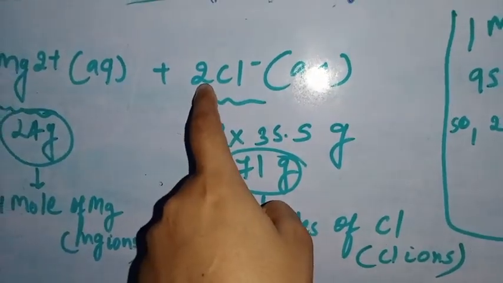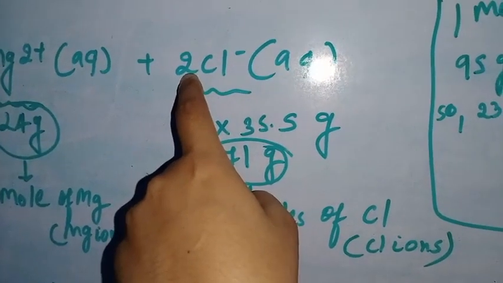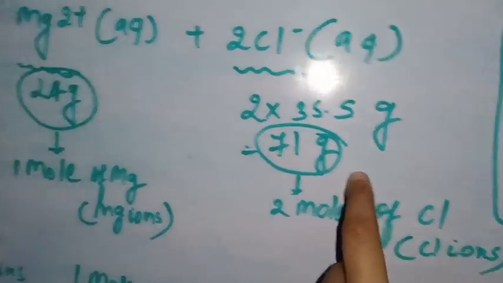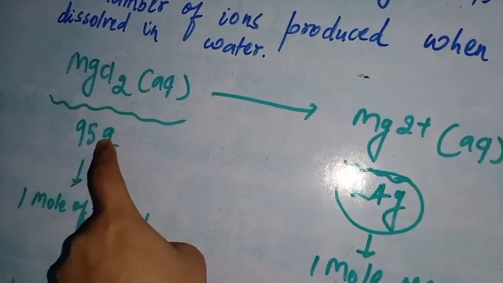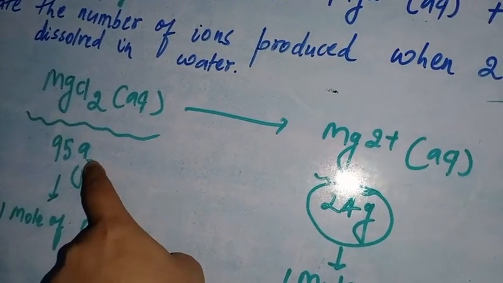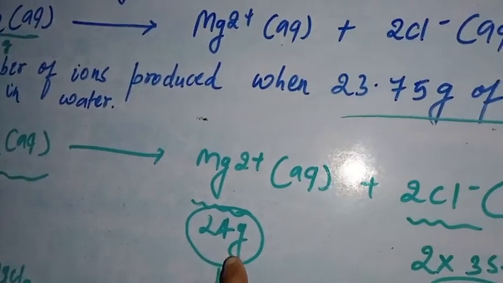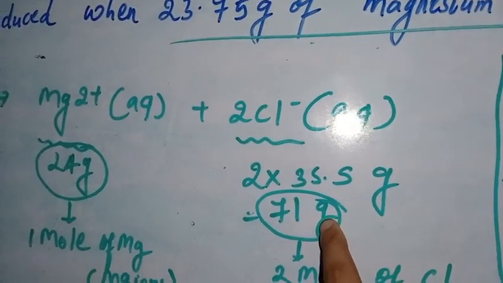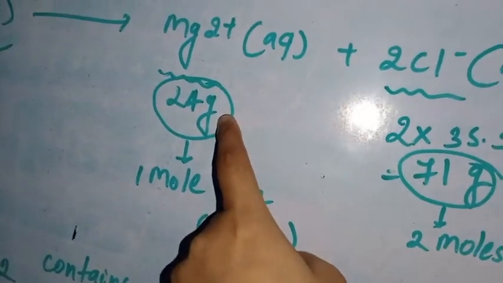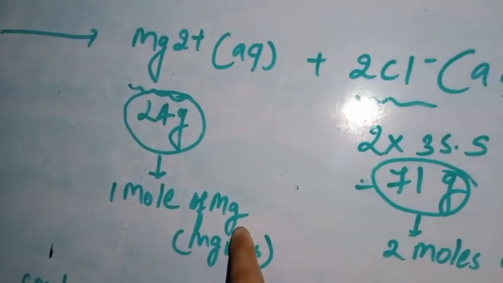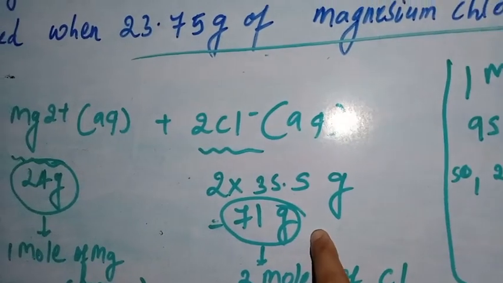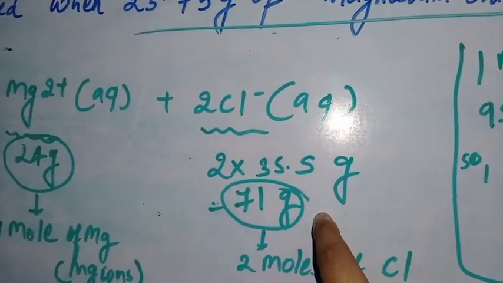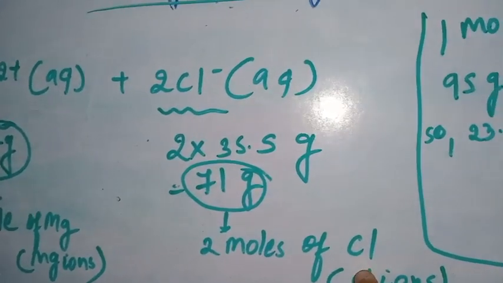Since there are 2 chloride ions, we multiplied with 2 and got 71 gram. So MgCl2 molar mass is 95 gram, which contains 24 grams of magnesium ions and 71 grams of chloride ions. 24 gram, converted into moles, comes to 1 mole of magnesium ions, and 71 gram of chloride ion, converted into moles, comes to around 2 moles of chloride ions.